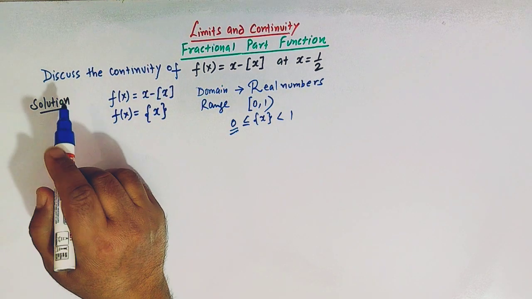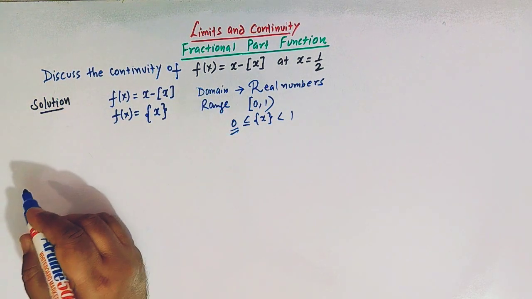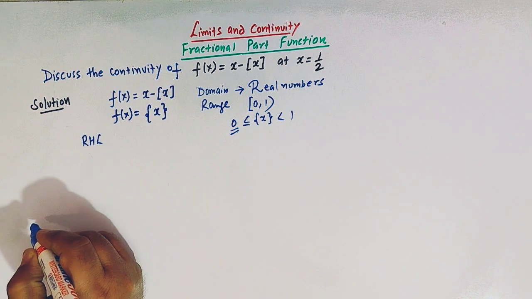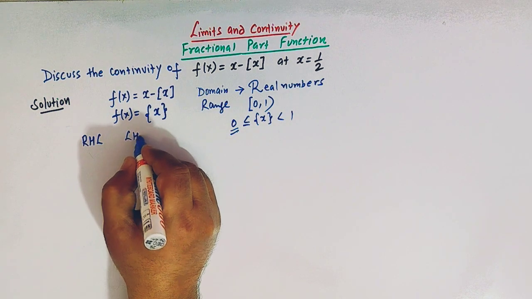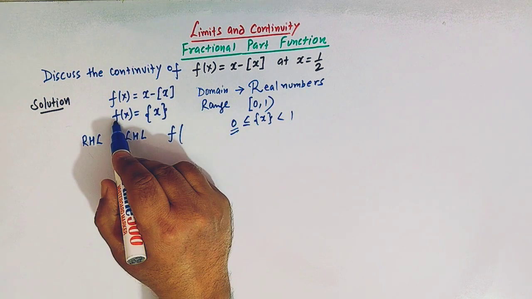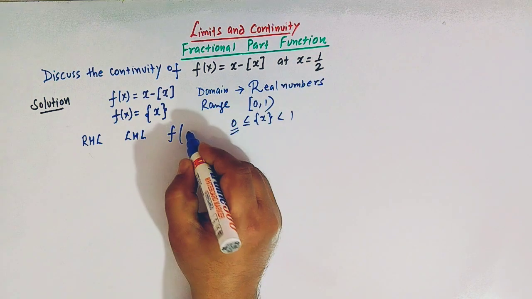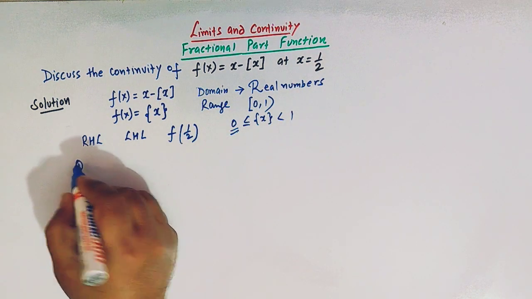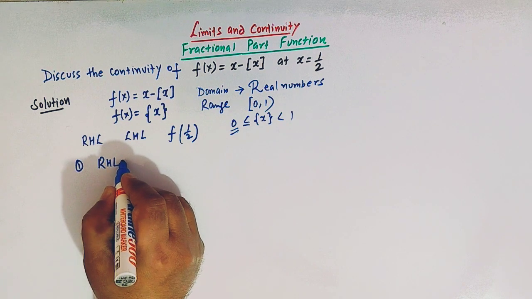So to discuss the continuity of fractional part function, we'll first find the right hand limit, then we'll find the left hand limit, and then we'll find the value of the function at this point, that is 1/2, right? So let us first find the right hand limit.